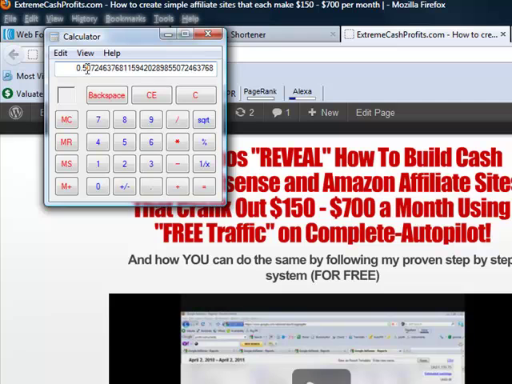So once we determine all of these stats and all of these numbers, we can work out if it's worth us going back to the same solo ad provider and buying some more ads. And this is exactly how you can scale up your campaigns. But I would use the same solo ad perhaps 2 or 3 times before you spend a little bit more money on an ad. Or you could just keep going and just keep buying the cheaper ads.